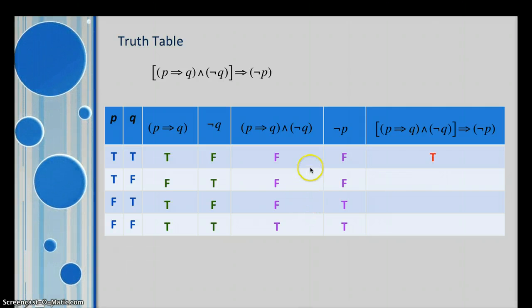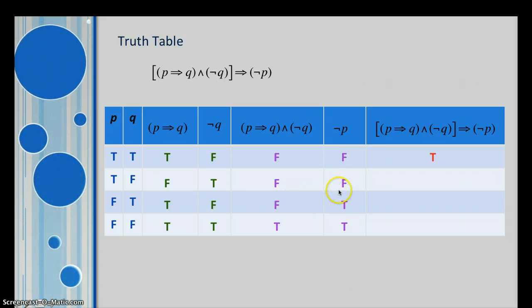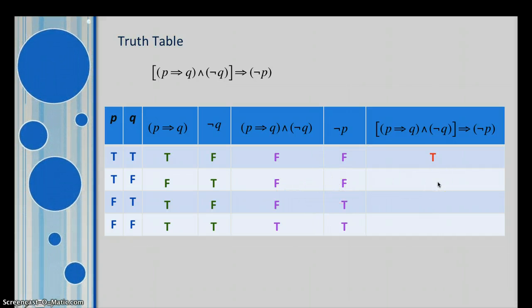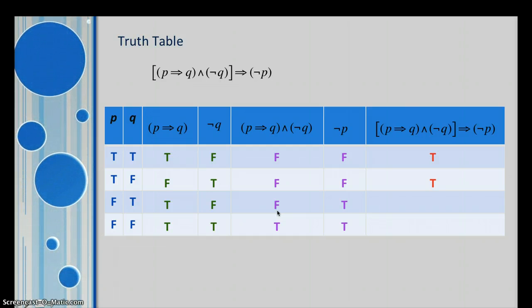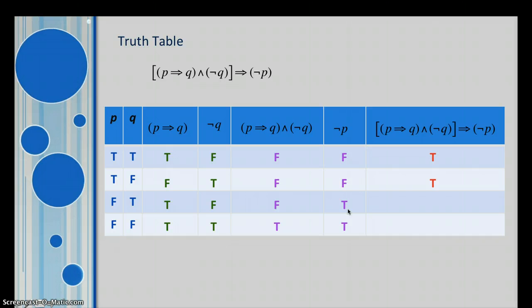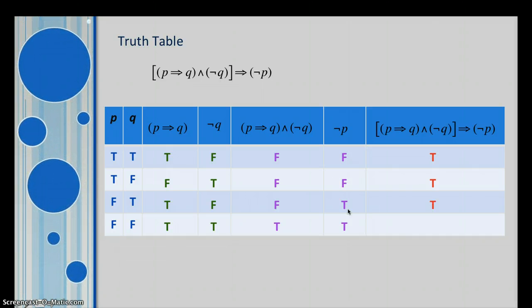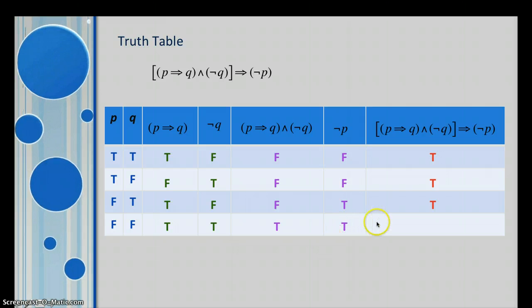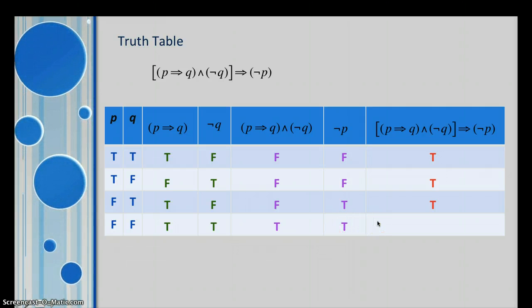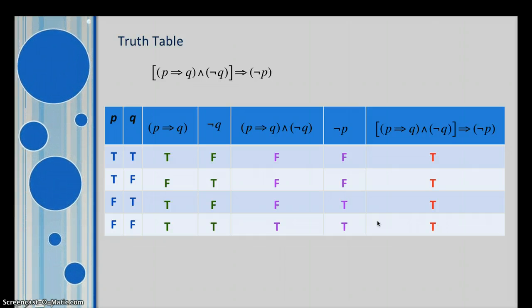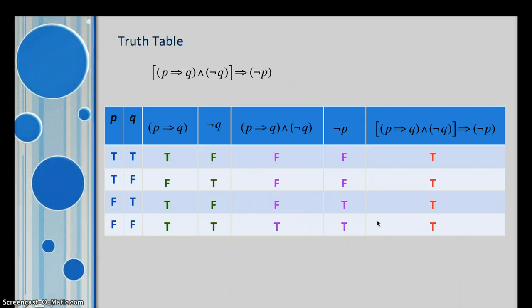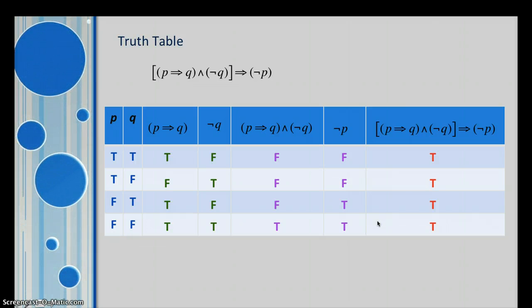False and false here in the first one, and false and false here in the second one, so we know the second one is also true. Now on the third one, it's false and true. For the if-then or implication truth table, false true is also true. And then true true for if-then, of course, is true. Because for if-then, the only false situation is when the first proposition is true and the second one is false.